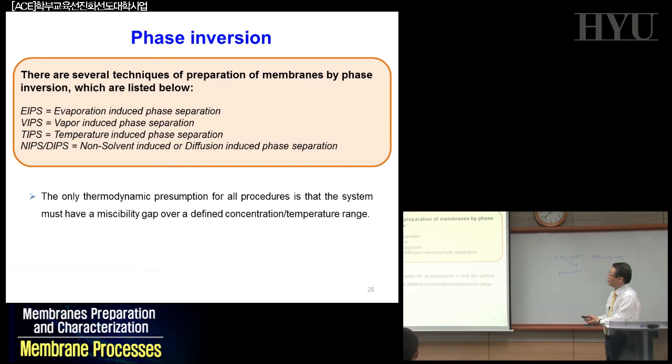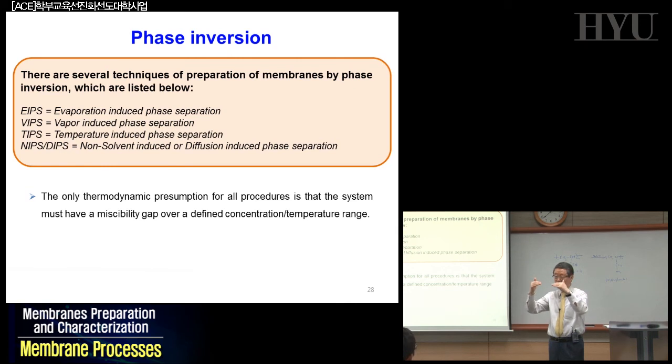And in this phase inversion, we have NIPS, non-solvent induced phase inversion, phase separation, called NIPS. We can use the temperature as one of the driving forces for phase inversion. You know, if you put the solvent in the polymer, we do not call that a solvent, but we call that a diluent. Okay, so that polymer will be, above the critical temperature, in the liquid phase.